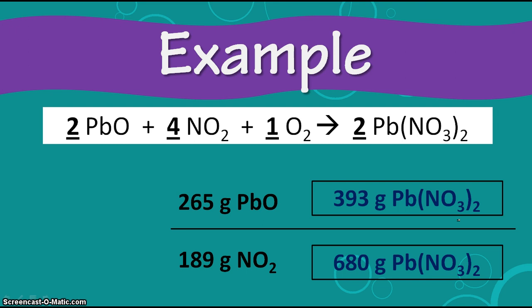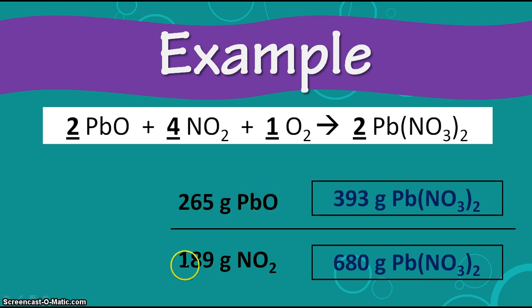Well, here, given our ingredients, our reactants, we could see we could either make 393 grams or 680 grams of lead 2 nitrate. Well, if the 265 grams of lead 2 oxide could only produce 393 grams of lead 2 nitrate, then it would stop at that point. No more lead 2 nitrate could be produced because our reactant of lead 2 oxide would have run out at this point.